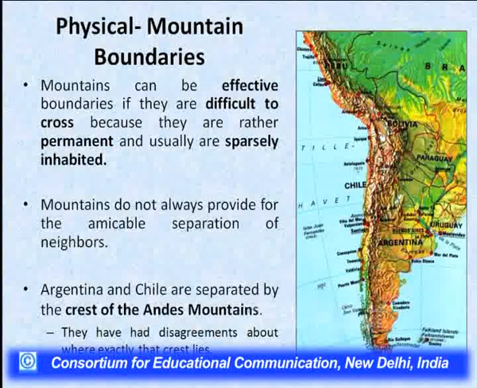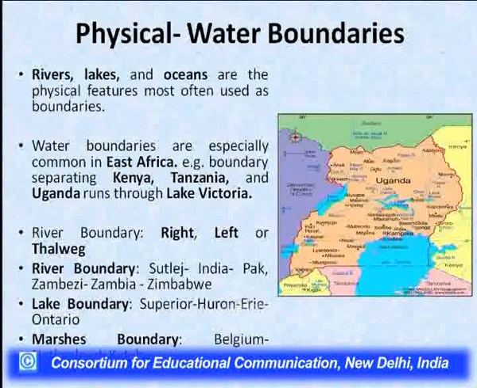So there is a disagreement between these two. In fact, between India and China there is a boundary. From ancient times, the Himalayas have always given a physical boundary and given an advantage to India. So the Himalayan region is also one of the important physical mountain boundary regions.